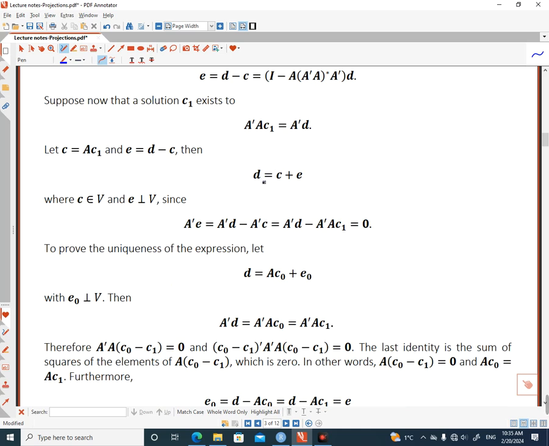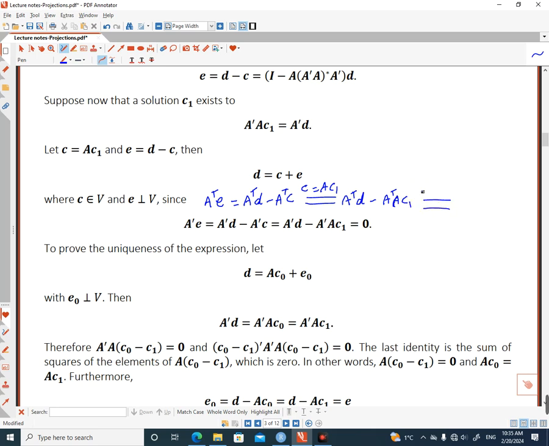Then we can write D equal to C plus E, where C is in the vector space and E is orthogonal, because A prime E is equal to A prime D minus A prime C, which I can then replace C with AC1 and write as A prime D minus A prime AC1.